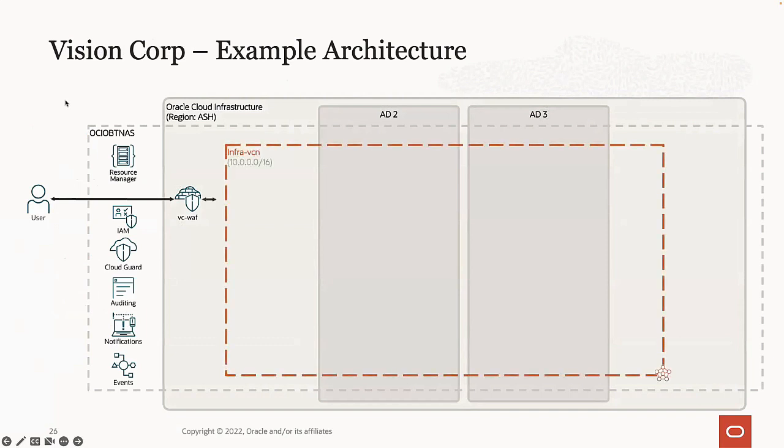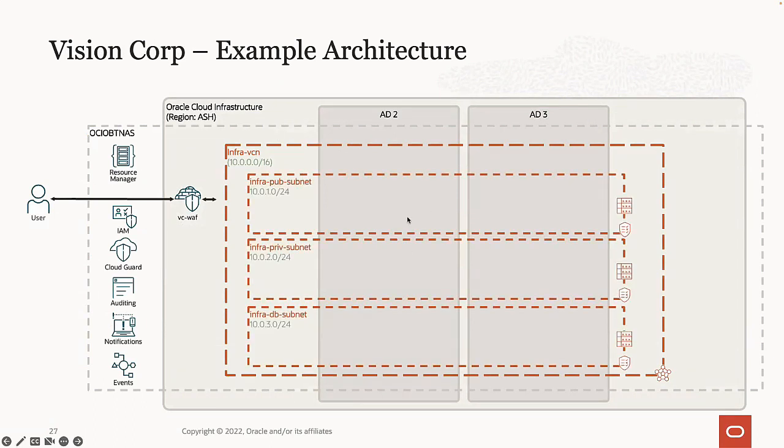So right here, we have our virtual cloud network that spans multiple availability domains, and it's going to be separated into 3 regional subnets. So you could have availability domain specific subnets, and also you can have regional subnets that span multiple availability domains. We have one public subnet here. It's going to be used for our load balancer. And then we have 2 private subnets that will be used for the instances that we'll be provisioning here in a second.